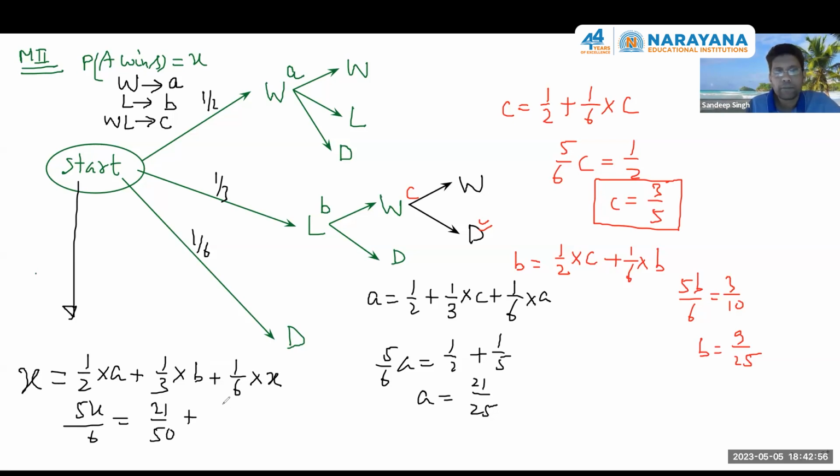B/3 is how much? 3/25. Please check. So this is equal to how much? 27 divided by 50. This is 5x/6. So x is going to be how much?